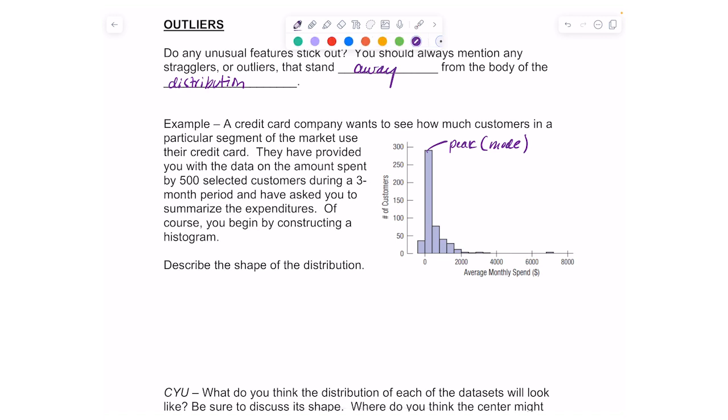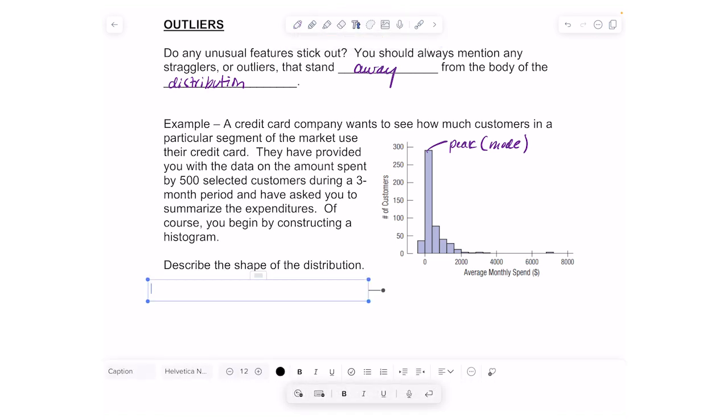So the distribution definitely is unimodal and skewed right. So I think it's easier maybe if I try to type this out rather than write it.